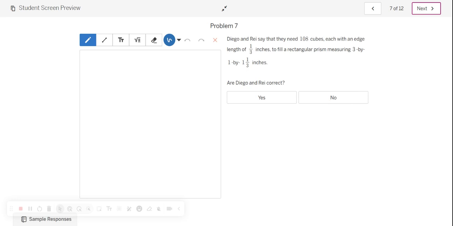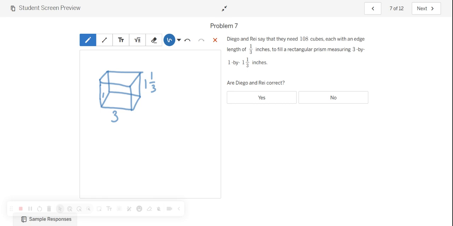Same thing here. Diego and Ray say that they need 108 cubes. We've got a rectangular prism measuring 3 by 1 by 1 1/3.